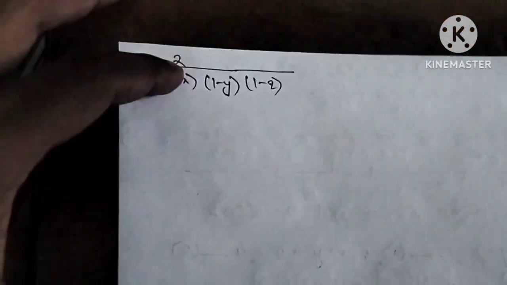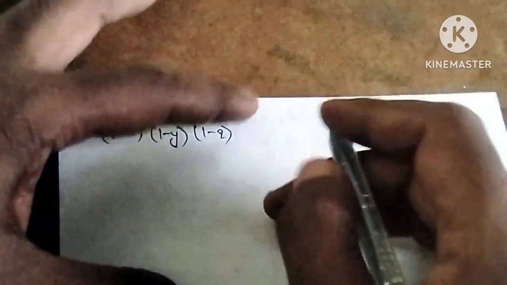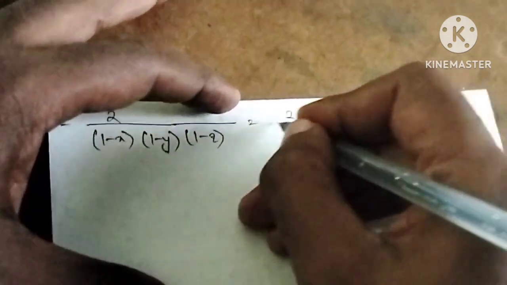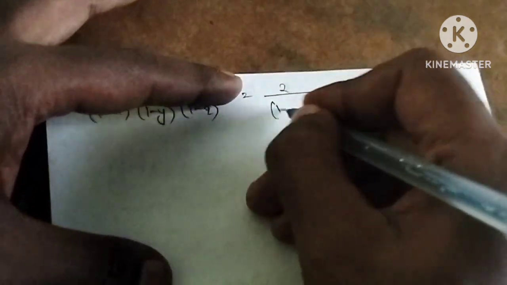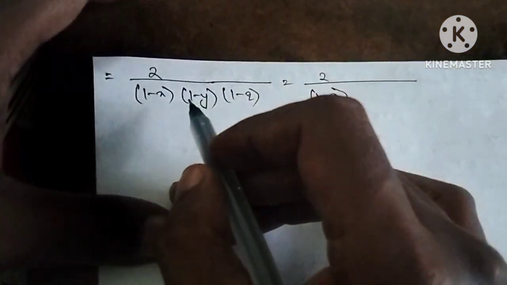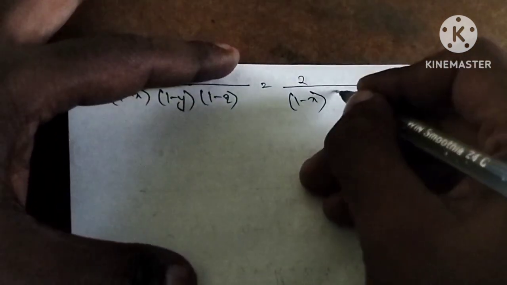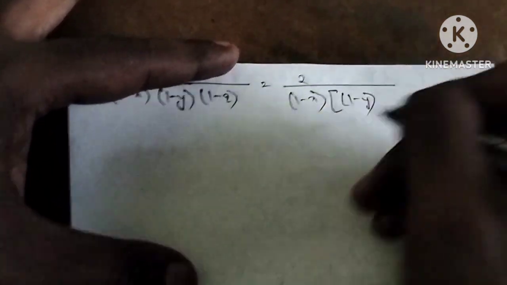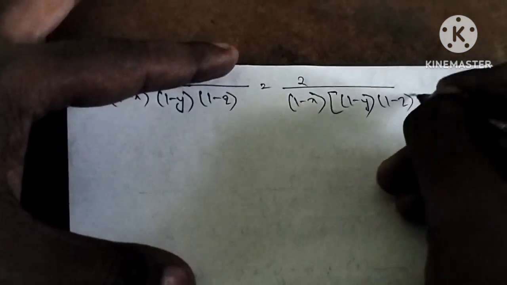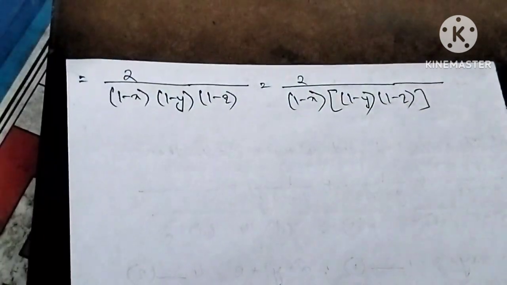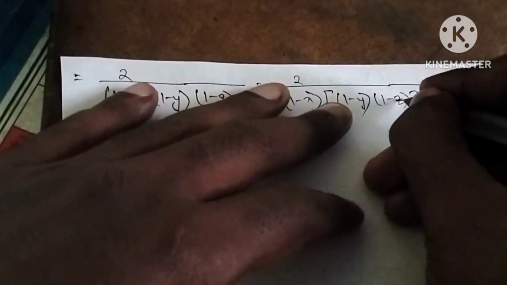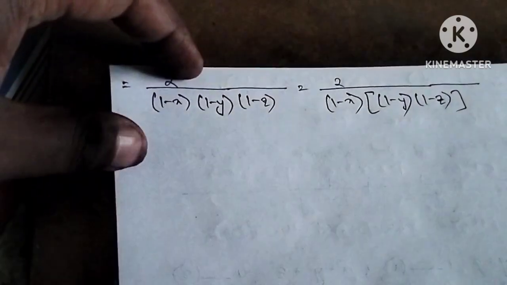Clear? So now this will be 2 by 1 minus x, into 1 minus y, into 1 minus z. So what would it be?